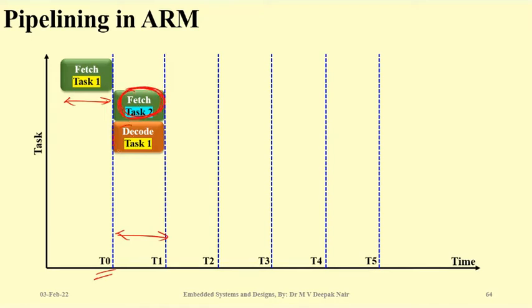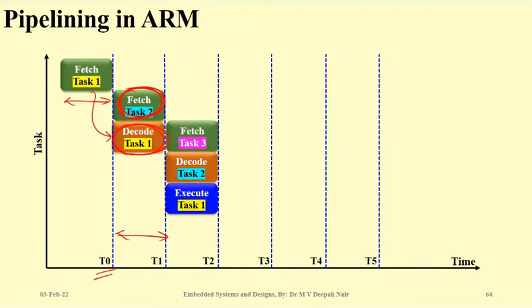At the same time, task 1 is decoded. Then task 1 is executed here. So task 1 is over by T2. But by that time, you see here task 2 is decoded, and task 3 is fetched.